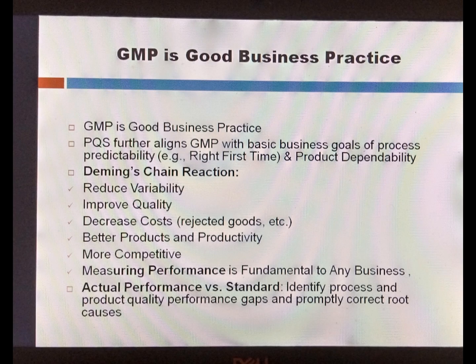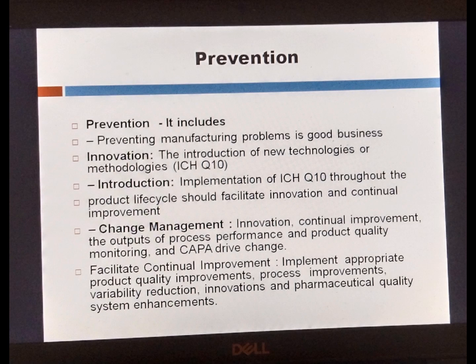Measuring performance is fundamental to any business: actual performance versus standard. Identify process and product quality performance gaps and promptly correct root causes. Prevention: preventing manufacturing problems is good business.